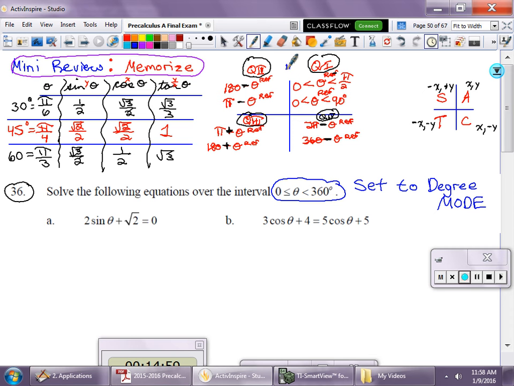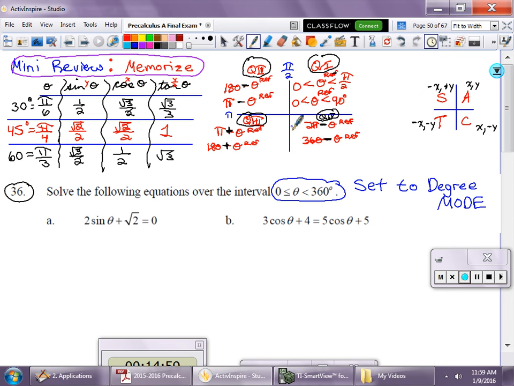Pi over 2 is the radian equivalent of 90 degrees. So these have to be memorized. Pi is here, or 180 degrees: minus the reference angle for quadrant 2, plus it for quadrant 3. In quadrant 4, we're closer to 2 pi. 2 pi in radians is 360 degrees. These also have to be memorized.